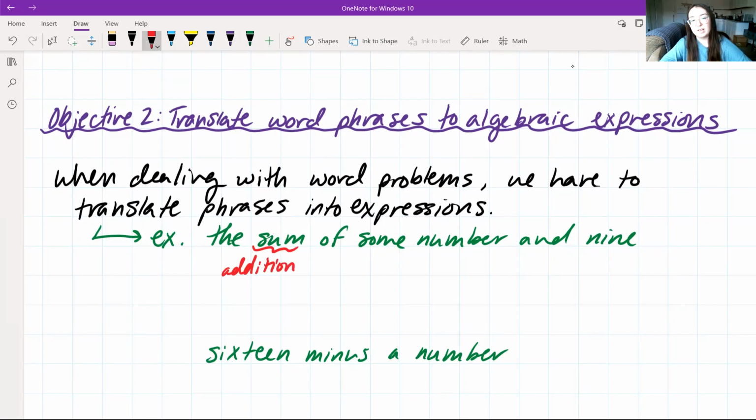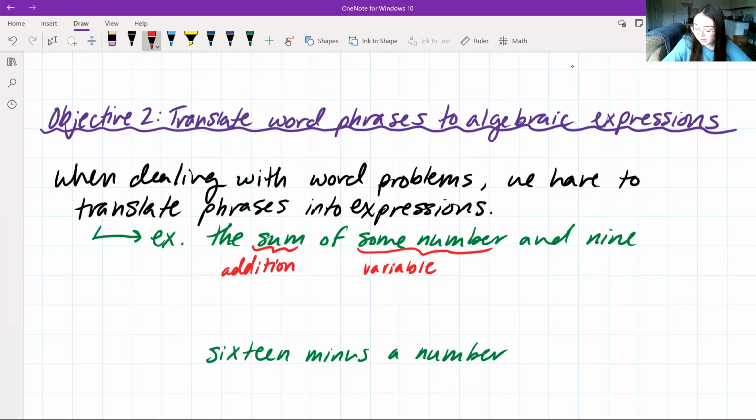So we're adding values together. Some number indicates that we don't know what the number is, but we have to have a placeholder for it. So by saying some number, this is telling us we need to use a variable. And then we have and 9, and we know that's the number 9.